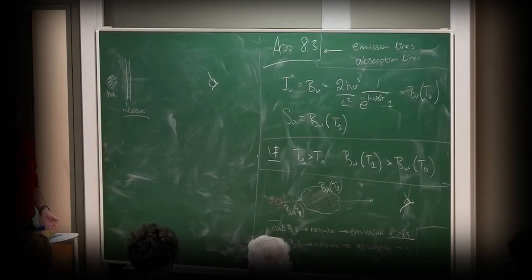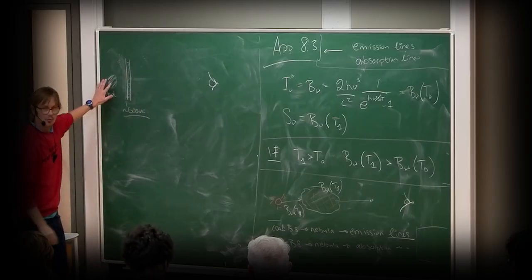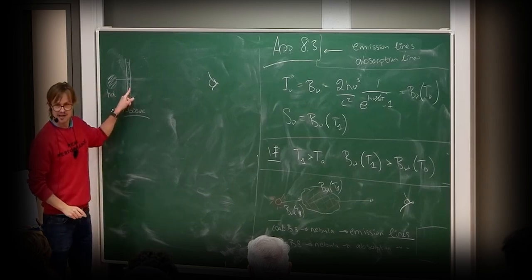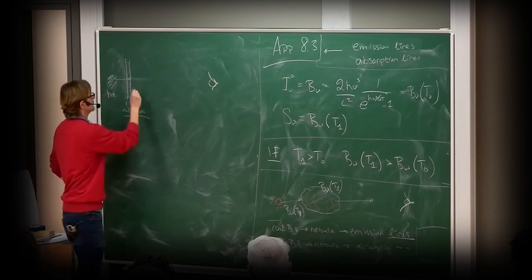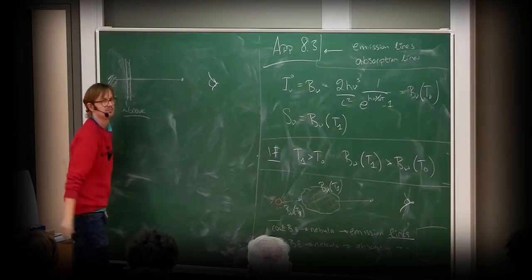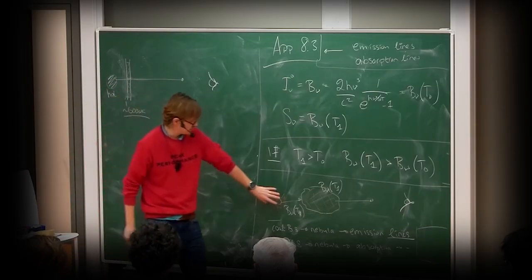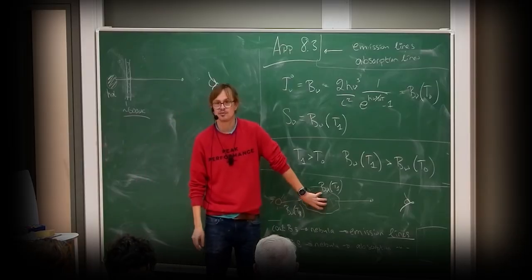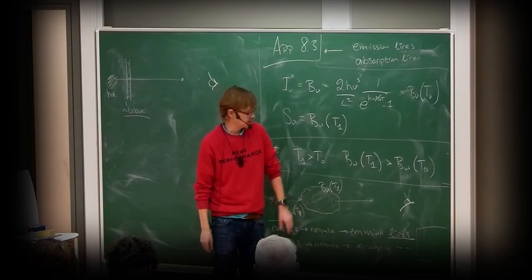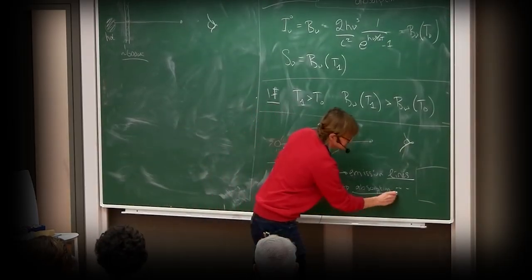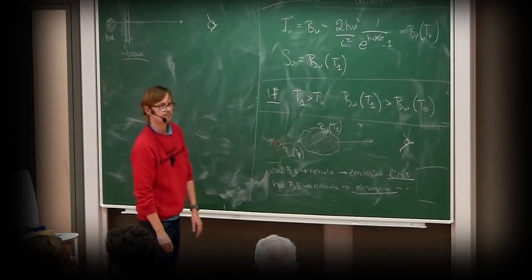And then we just say, okay, we have a hot source which is shining through the atmosphere with the radiation emergent here. Then again, we have something which has a very hot background shining through an atmosphere which is cooler, which, as we saw here, again leads to absorption conditions.